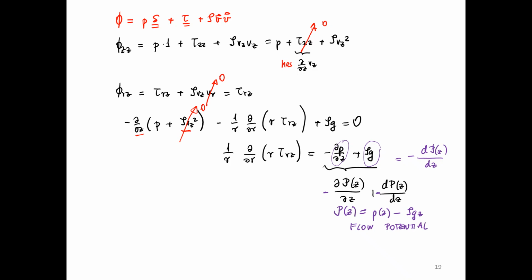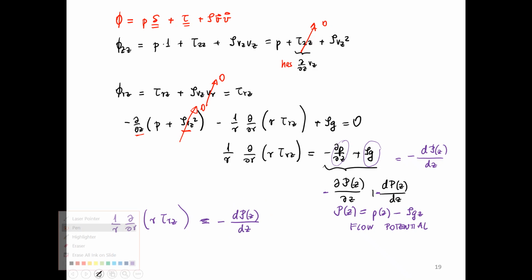Excellent. So what I basically have is 1 over r ddr of r tau rz, and these tau rz are the shear stresses. So they involve velocity derivatives, but velocity really depends only on the r direction. On the other side, I have minus dp dz, and this is a function of z.